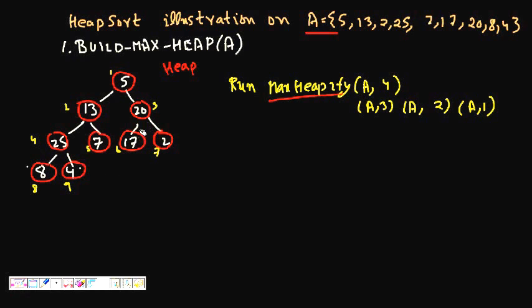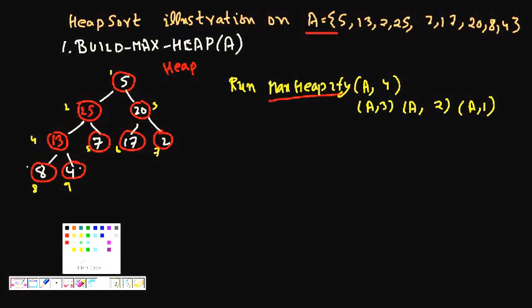Now we have done max heapify for node 3. We come to node 2 and see that its left child is greater than node 2, so again we do a swap: 13 and 25. So 25 comes here and 13 goes there. Now 13 is greater than 8 and 4, so we don't need to do max heapify again. Node 2 is also fine.